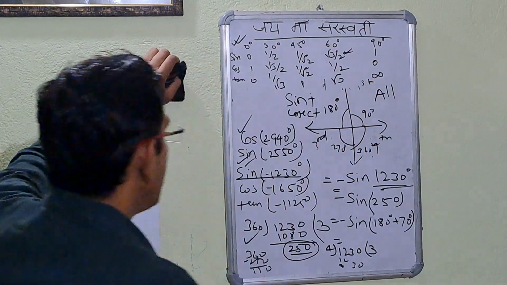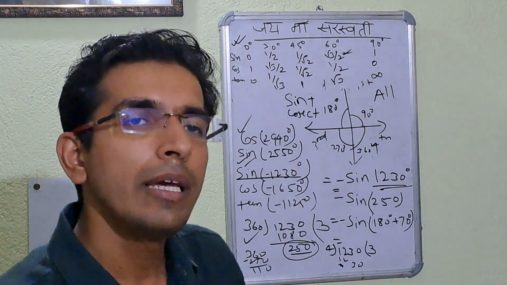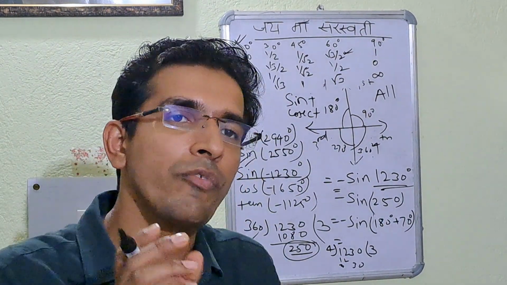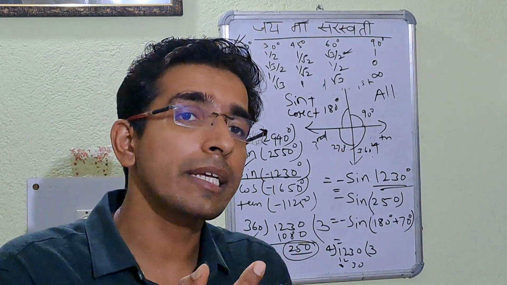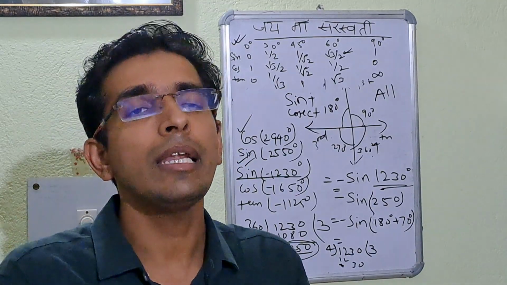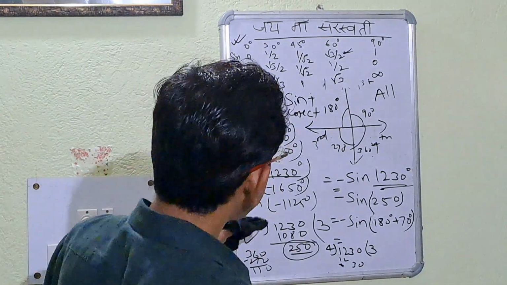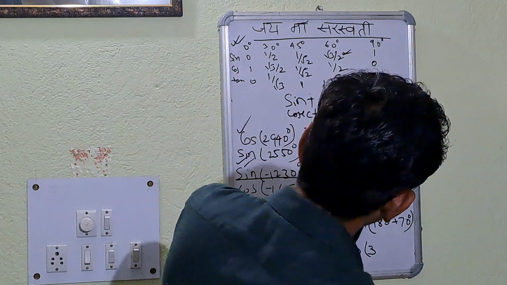Remainder is 30 degree. So in the second rule, if the angle is not having so much of magnitude, in that case we have to divide that particular angle with the help of 4. So minus sine of, you can say, 1230 degree.